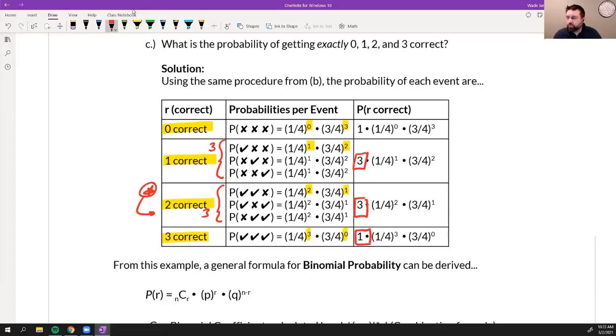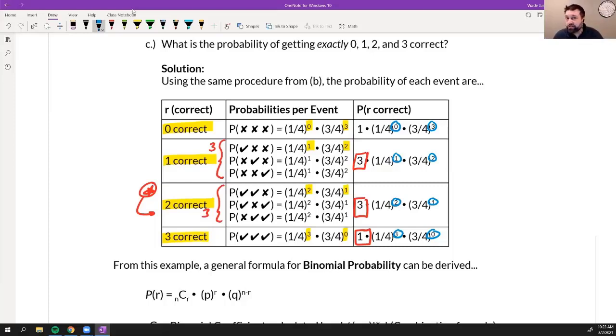Do you notice a pattern with the exponents? What do you notice about 0 and 3, 1 and 2, 2 and 1, 3 and 0? If you add them up, they always equal 3. How many trials do we have? 3 trials.